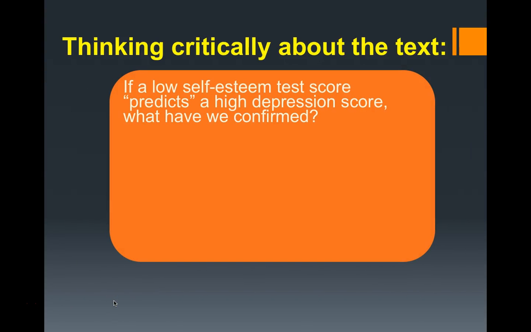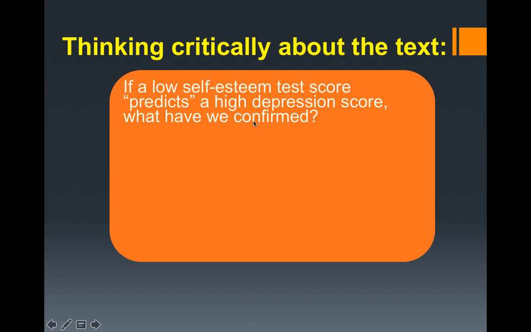So if we go back to our textbook in this course, let's think critically about some examples given in the text. One involves self-esteem. If a low self-esteem test score predicts a high depression score, what have we confirmed?